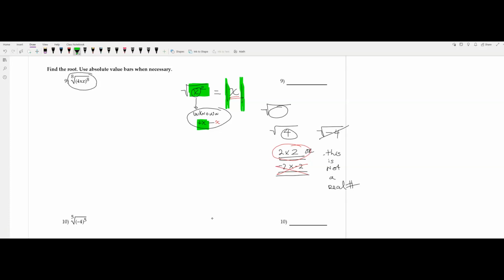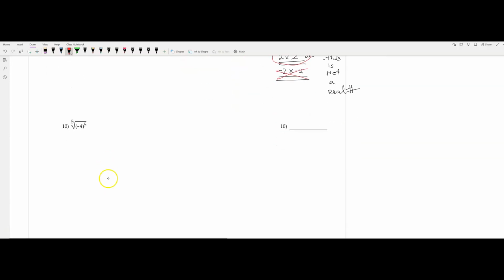Okay? Let that marinate in your head a couple of times and you'll understand. And that's also based on the index. It only applies when your index is even. In the next problem, for example, if my index is odd, then the value under the radical could be positive or negative.